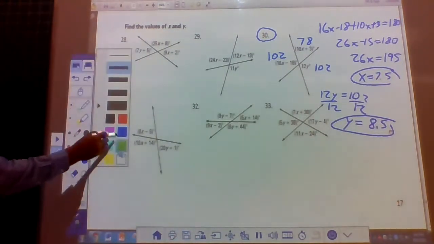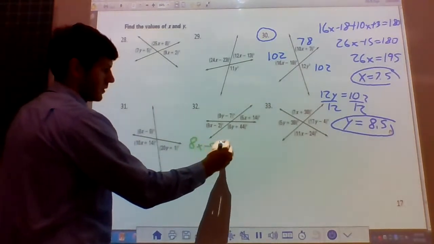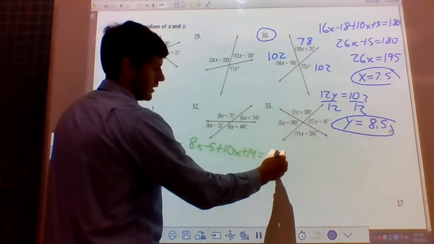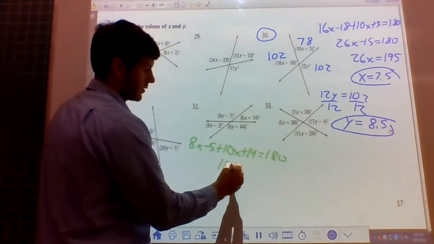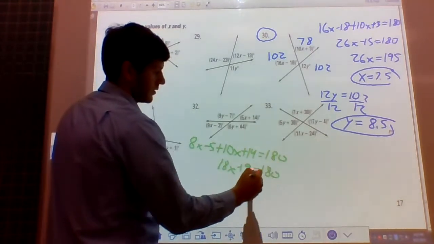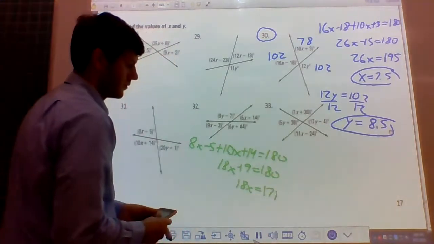Guess I'll keep going, I'll just do them all. So here's 8x minus 5 plus 10x plus 14 equals 180. So that's 18x plus 9 is 180. So that's 18x equals 171.